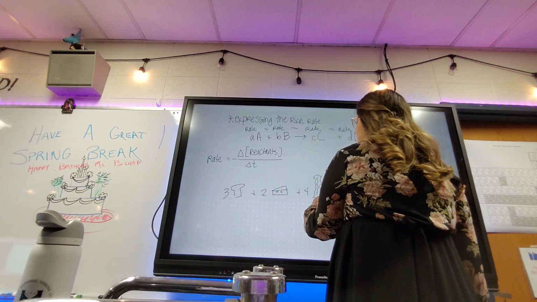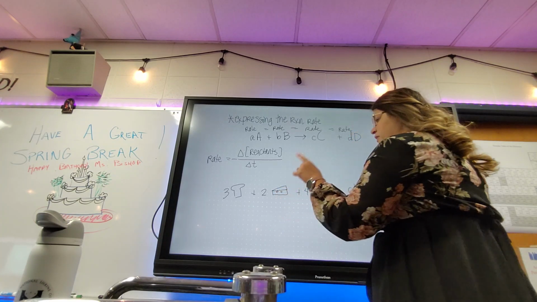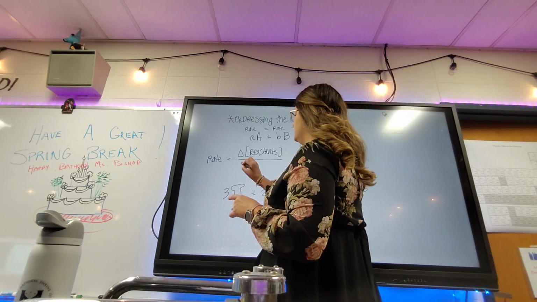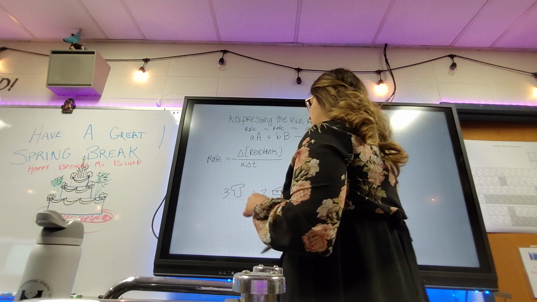But then we need 4 pieces of bacon. So we're using twice as much bacon as cheese. The way that we are going to account for that is by putting the stoichiometric coefficient as a denominator in our rate expression.